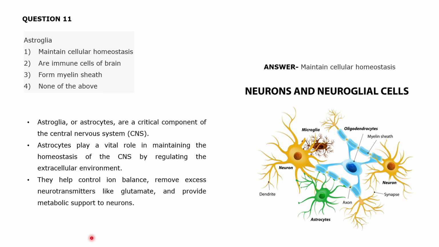Astroglia is also called astrocytes, and is part of the central nervous system, not the peripheral nervous system. I have already told you about the oligodendrocyte. In the peripheral nervous system, Schwann cells help in the formation of myelin sheath. In the central nervous system, oligodendrocytes enable the formation of myelin sheath.